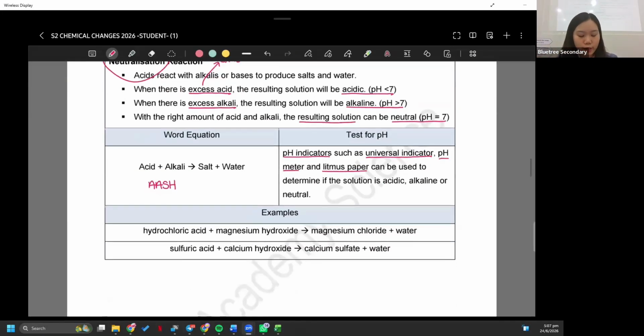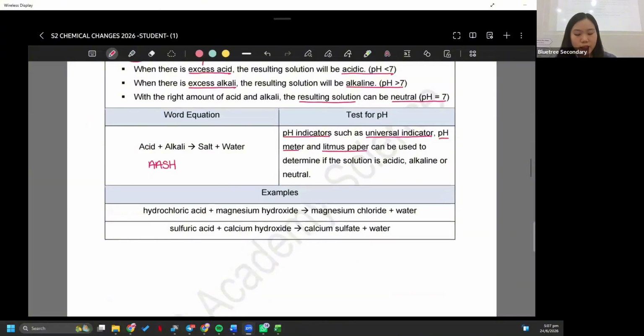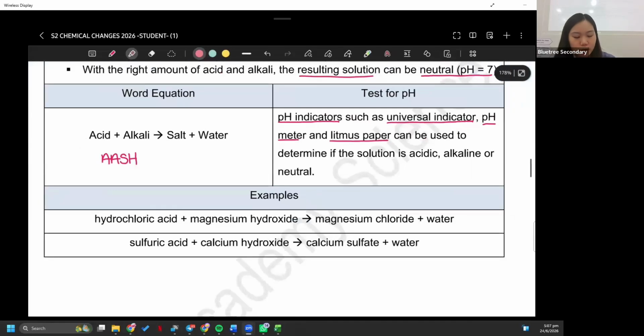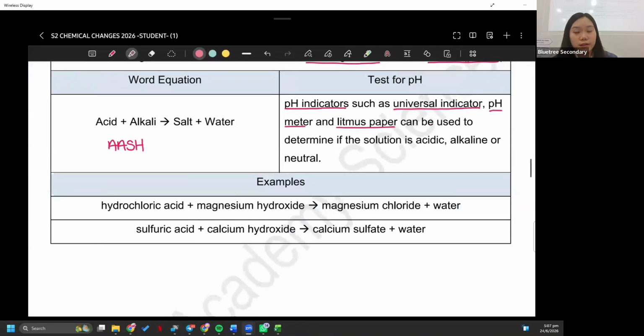Now let's look at our examples. Hydrochloric acid plus magnesium hydroxide gives you magnesium chloride and water. Which is the metal? Remember, all of our salts are named the same way. Magnesium is the metal.